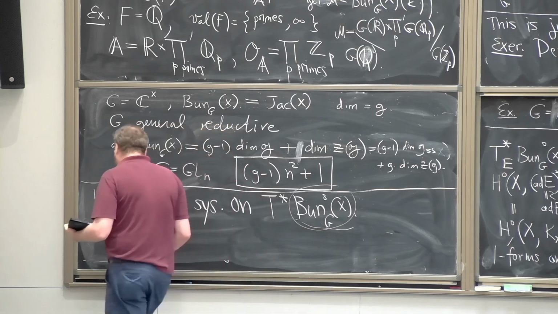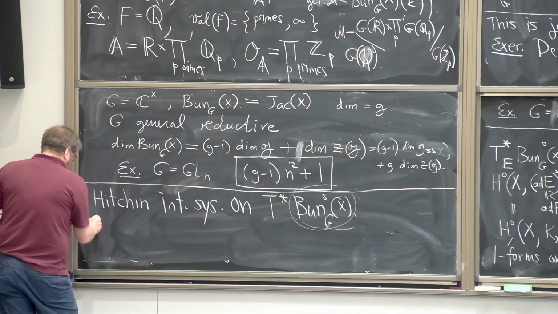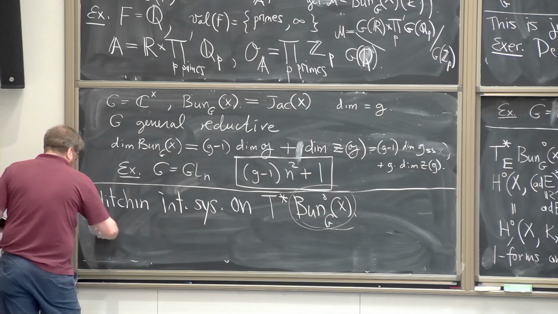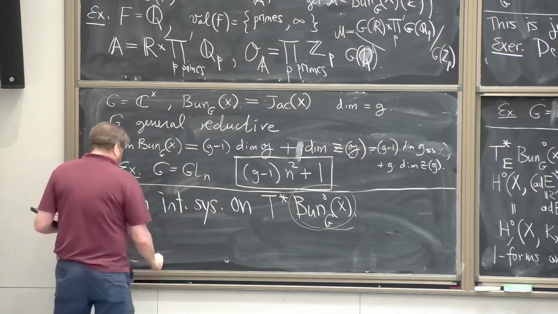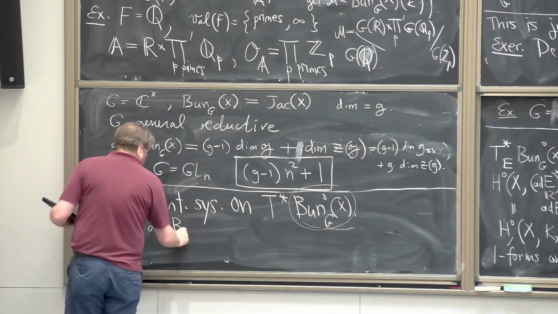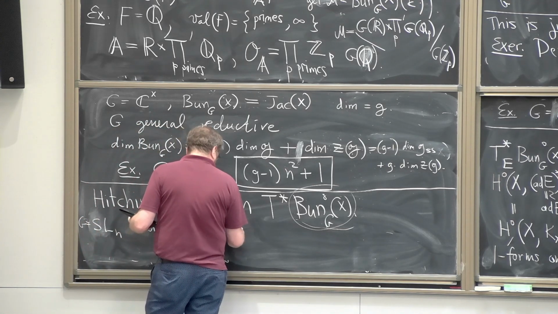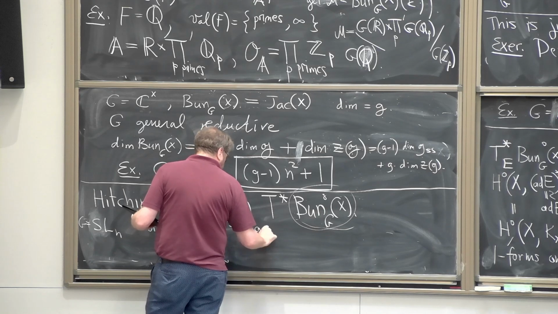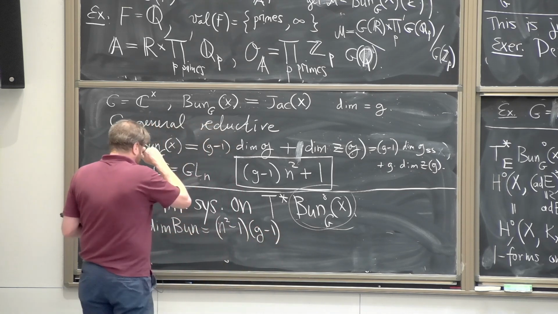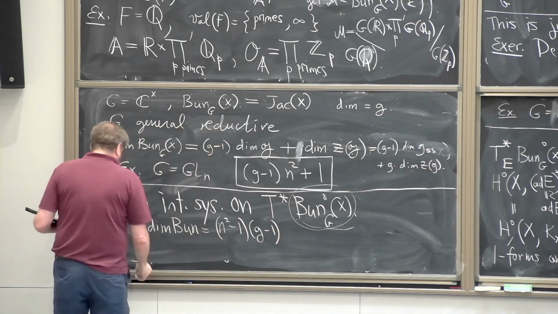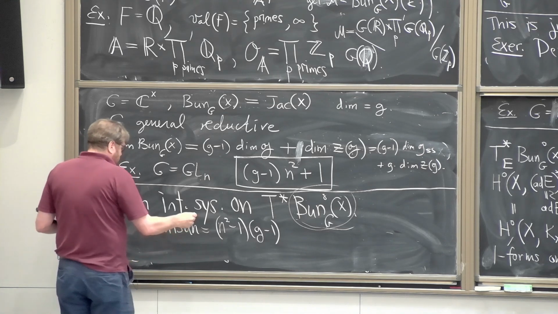So let me do it in the case of GLN, or maybe SLN. In this case, the dimension of Bun_G is equal to (n squared minus 1) times (g minus 1). And what is this thing?